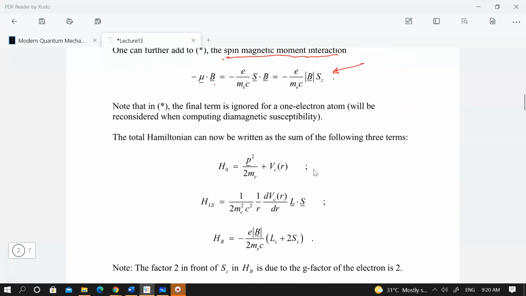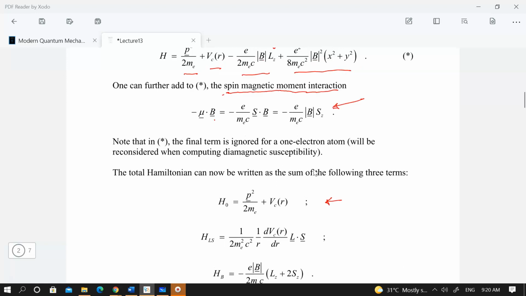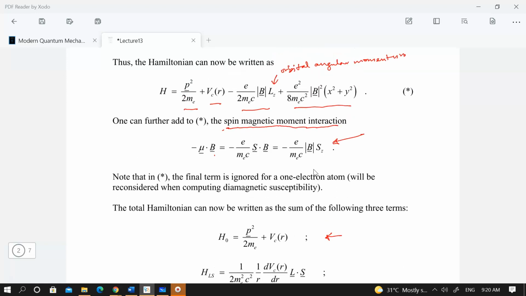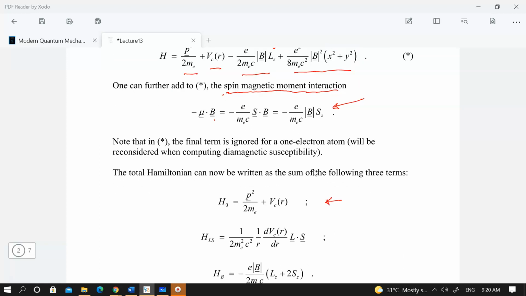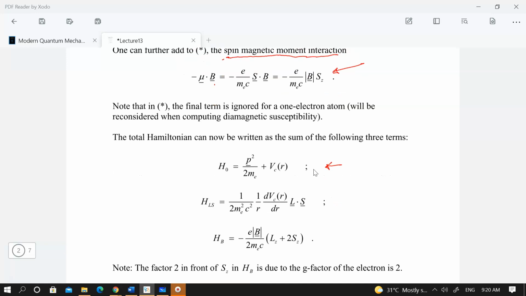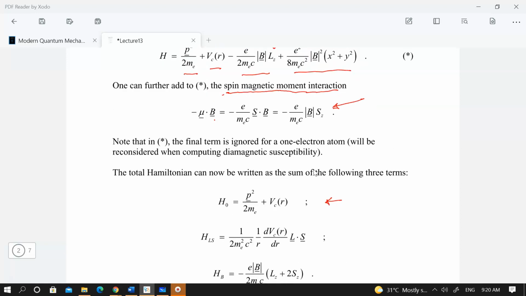Together, all of this can be written as three parts. So you have essentially the ordinary Hamiltonian, which is just kinetic energy with the potential energy, and then the one coming from your magnetic field over here.